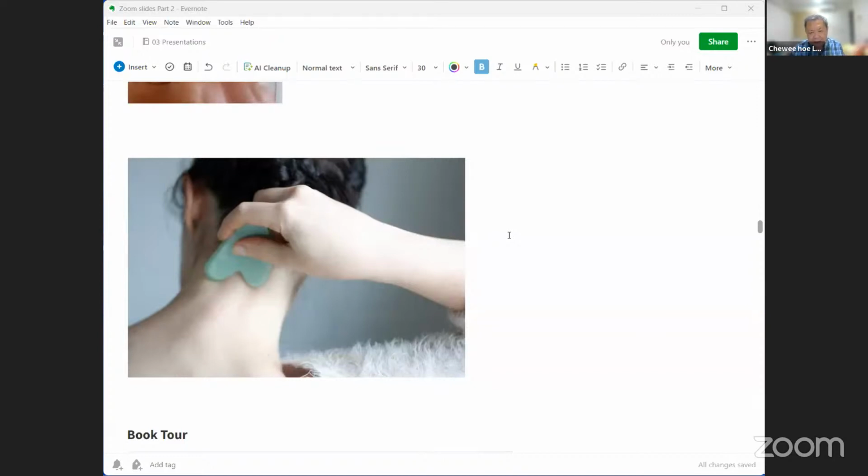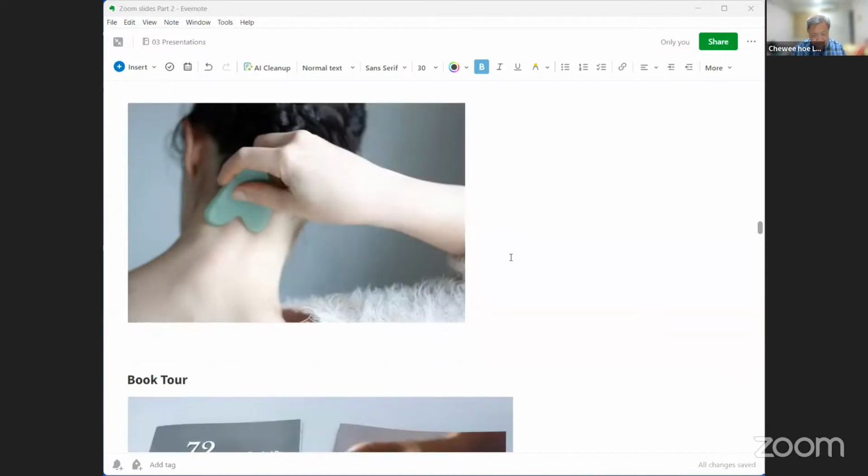But the therapeutic effect is the same as bloodletting. All right. It is my favorite tool, this one. Okay. If I have to choose between this and an acupuncture needle, sorry to say, I choose this. If I only have to have one. The guasha treats the blood and blood treats blood.